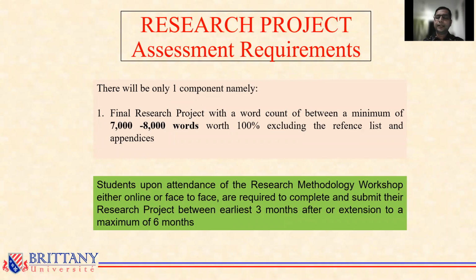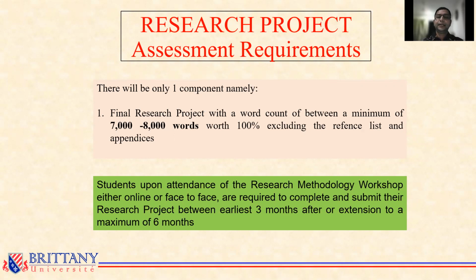So this is the key part. You need to be very attentive here. Your research word count is 7,000 to 8,000 words. If it is significantly lower, you might fail the whole project. If it is higher than 8,000, plus or minus 10%, we always accept it.